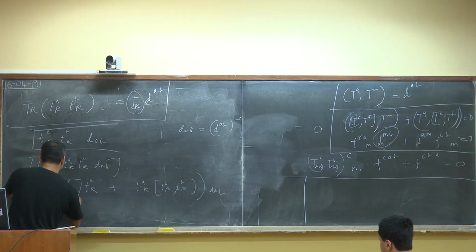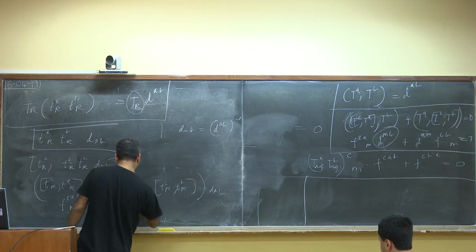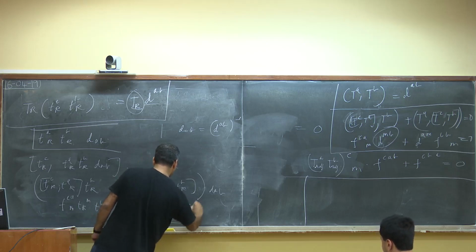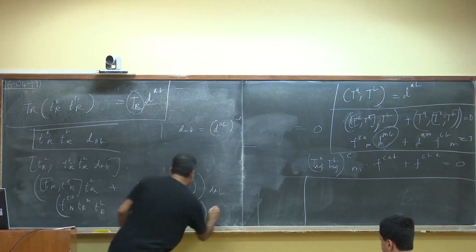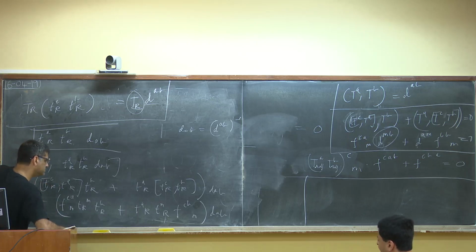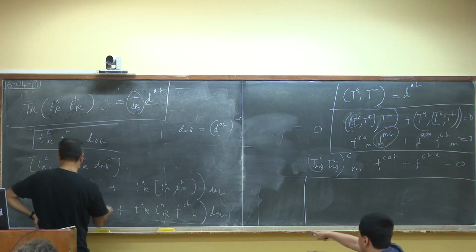So this is F_CA^M T_M^R T_B^R plus T_A^R T_M^R F_CB^M, times D^AB. Perhaps I should lower the index on F. In the second one, if you do an AB flip, then you get this T_M T_B commutator.